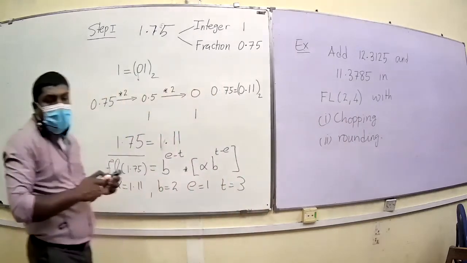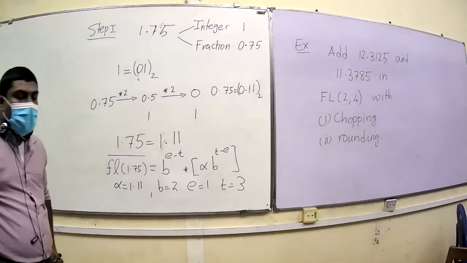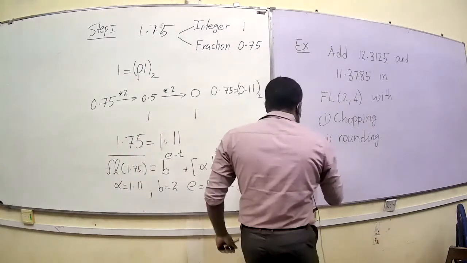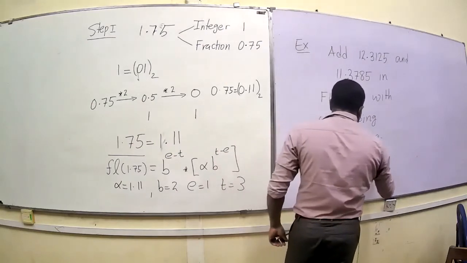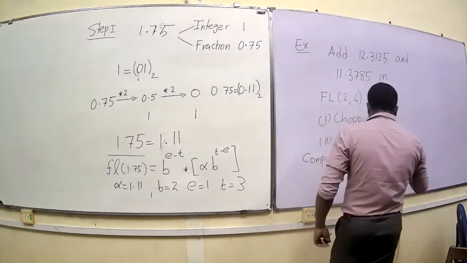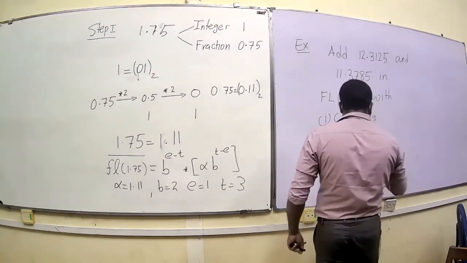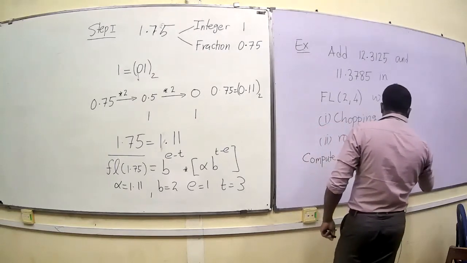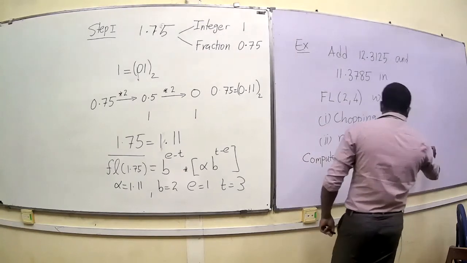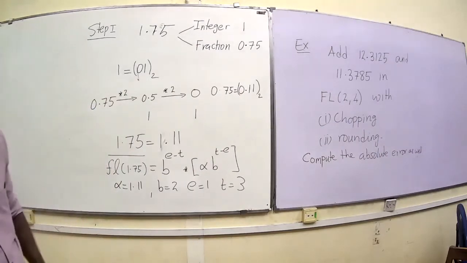Right, so in this second example, if you try the same pattern which I explained for the first example, you can see the differences. So you will actually see the error here also, and so let us compute the absolute error as well in this problem.